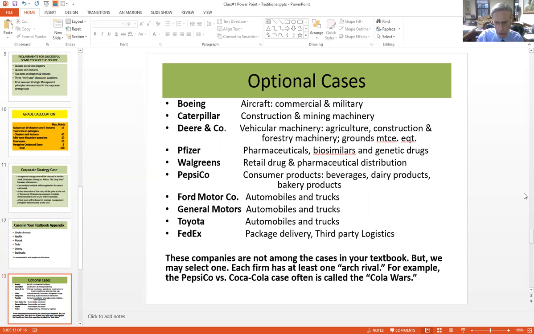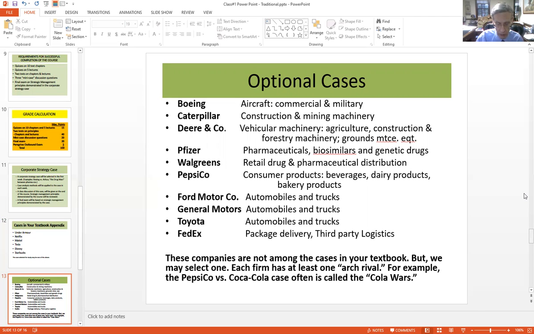For instance, Walgreens versus CVS versus Rite Aid: how Walgreens acquired a company in Europe in order to expand into the international markets, how CVS acquired a healthcare management company in order to gain greater control over the prescriptions that it has to fill, and so forth, and just earn additional fee income.